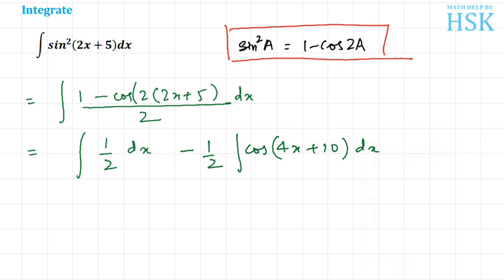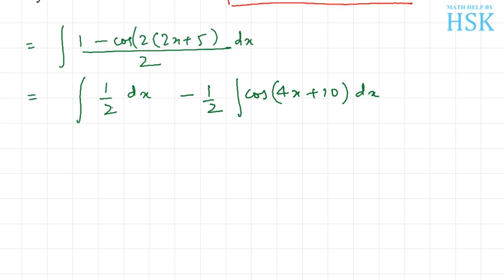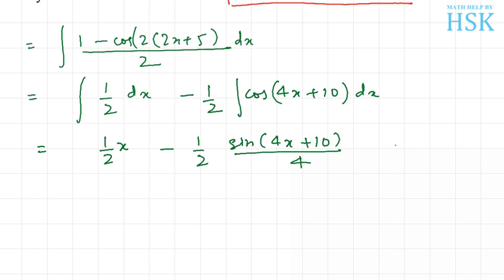Now integration of 1 by 2, since it is a constant, would be equal to 1 by 2 x, and integration of this cos will be equal to 1 by 2 sine of 4x plus 10 upon 4 plus c.